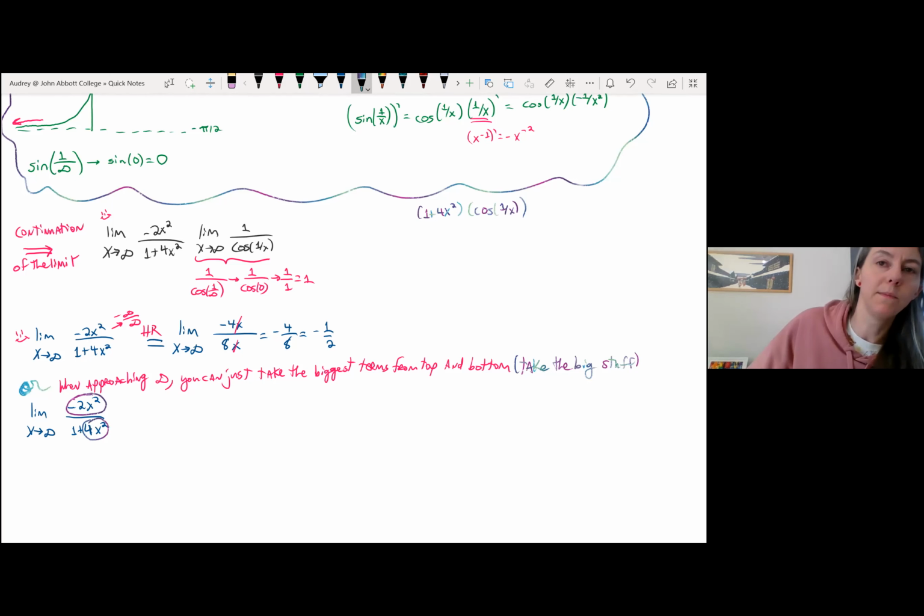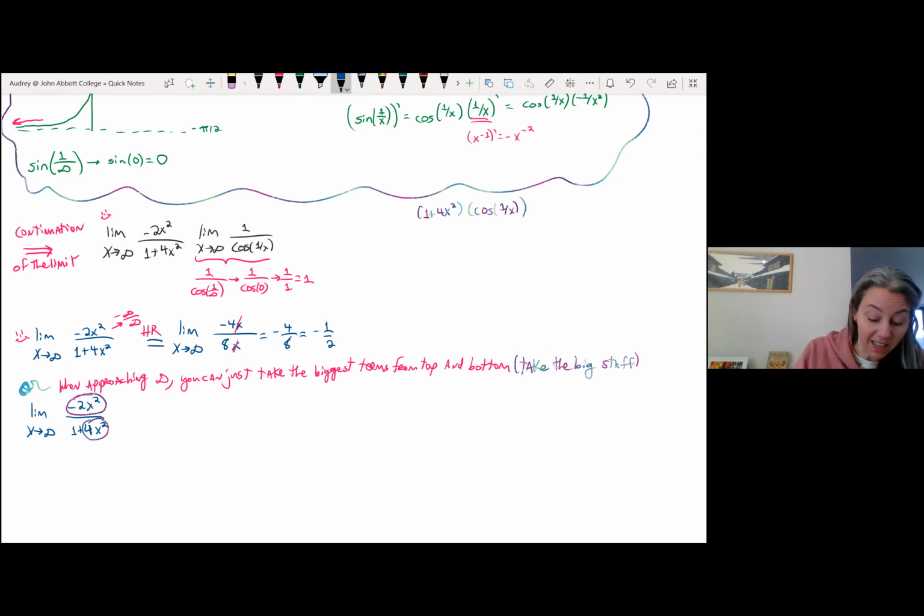That's like 4 times infinity times infinity. It's like extra big. 1 comparatively is minuscule. When we think about this in terms of infinity, that 1 is literally next to nothing, right? It really does not change anything in terms of the denominator because that 4x squared is infinitely bigger.